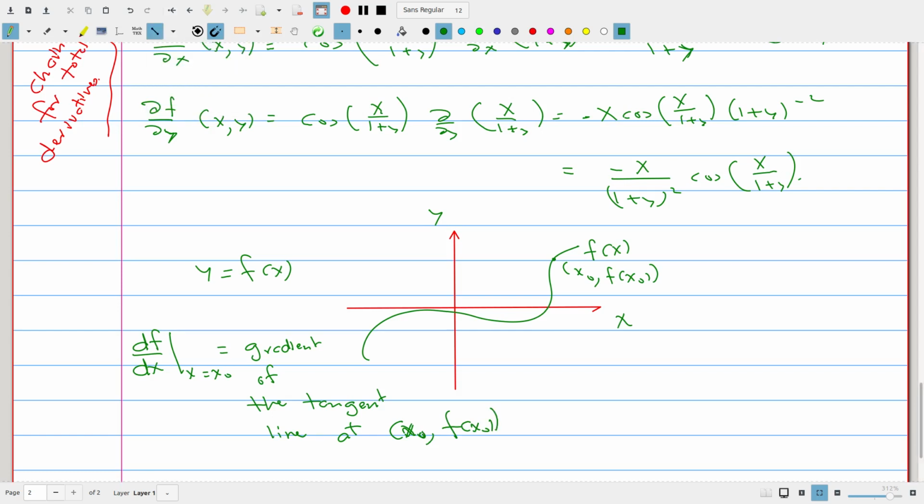So you draw a tangent here, call this line L. So df over dx gives you the gradient of L.